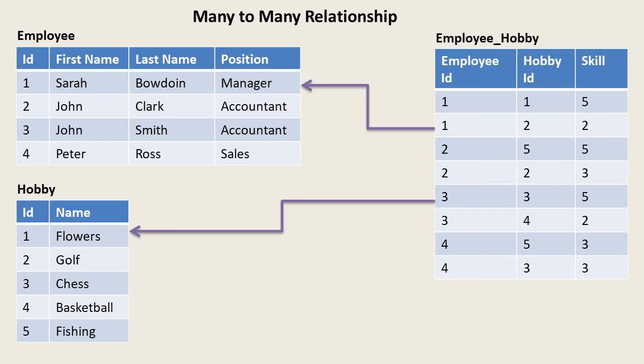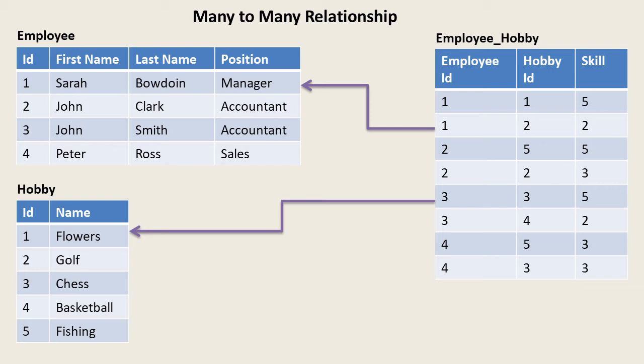And as always, you are probably already used to this, we have some additional benefit when we introduce another table, and this benefit is illustrated by another column I added to this link table, a column called skill. So not only can we reflect the fact that a certain employee has a certain hobby, but we can also reflect skill in this hobby.